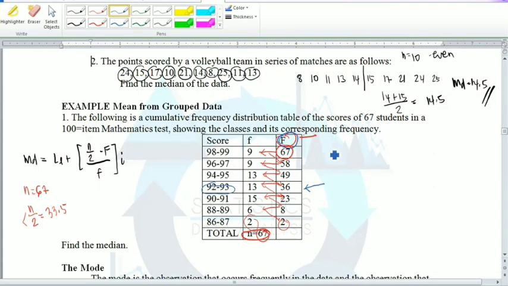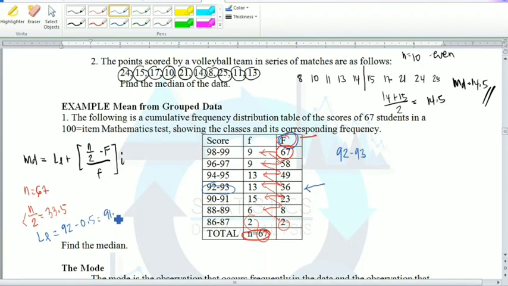So in this interval, which is 92 to 93, what is our lower true limit? That's the question. Okay, so since our lower boundary here is 92, all you have to do is subtract 0.5 from there to determine the lower true limit, and that is 91.5. Okay, so from here we already have the lower true limit as well as the n over 2.